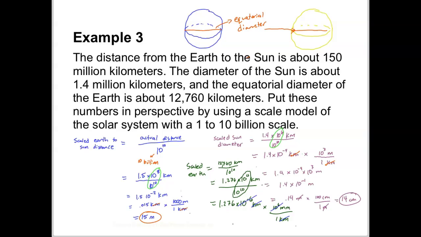My final answer is that the size of the Earth would be 1.276 millimeters. So basically, Earth is like the thickness of your thumbnail. Earth is the size of a round sprinkle on a cookie.